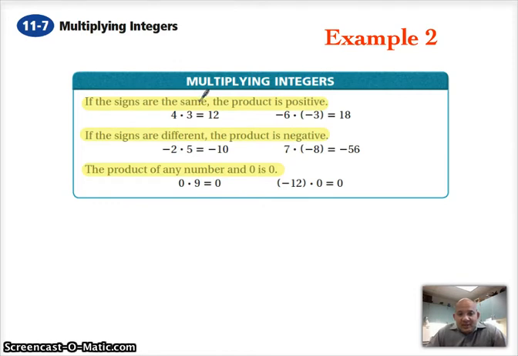If the signs are the same, the product is positive. Here we have 2 positives, 4 times 3. 4 times 3 is a positive 12. Both these numbers are positive, factors are positive. We have a positive answer. Here we have 2 negatives. When we multiply 2 negatives together, they actually equal a positive number.